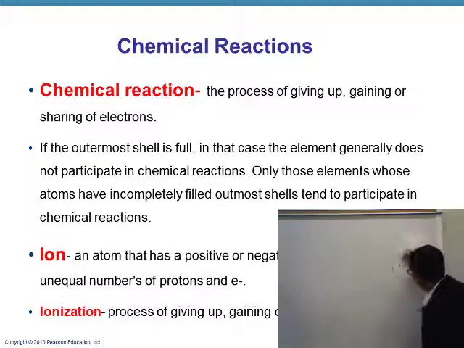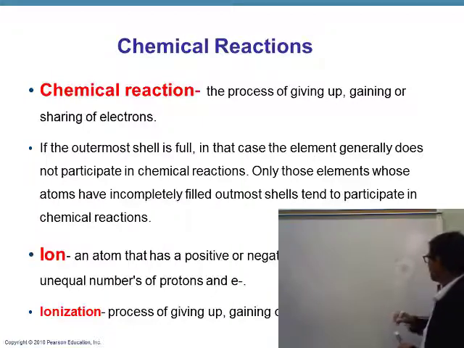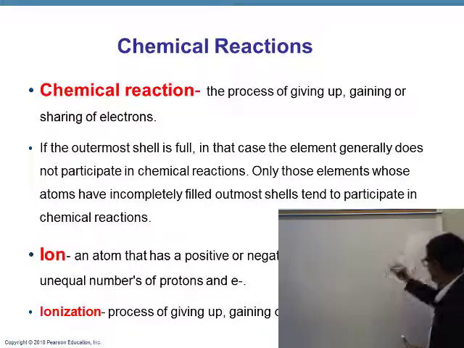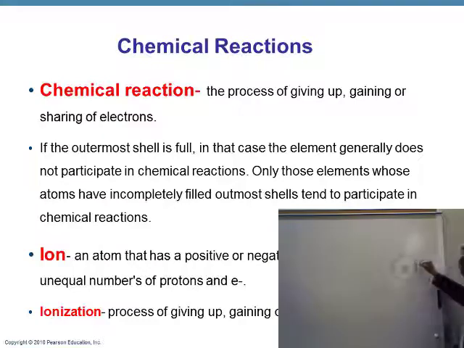If you see, this is again an atom. For example, this one has again 3 protons, 3 neutrons and 3 electrons. And we know that electrons are negatively charged and protons are positively charged and neutrons are neutral.